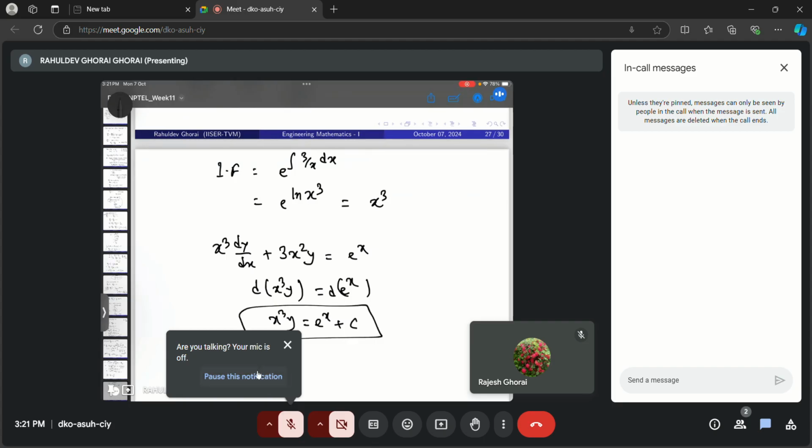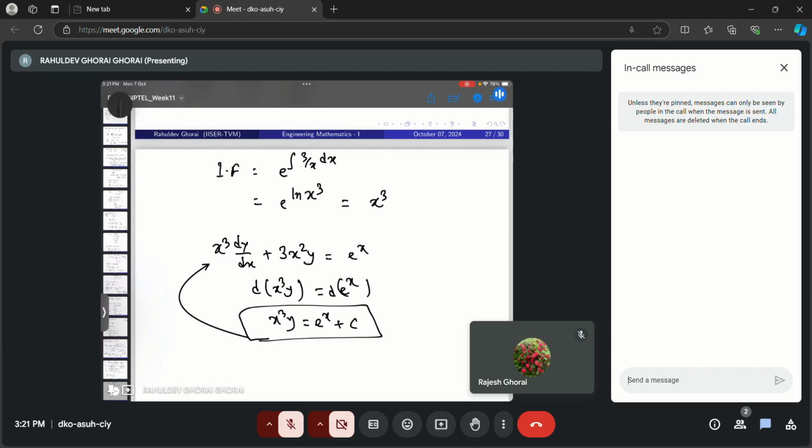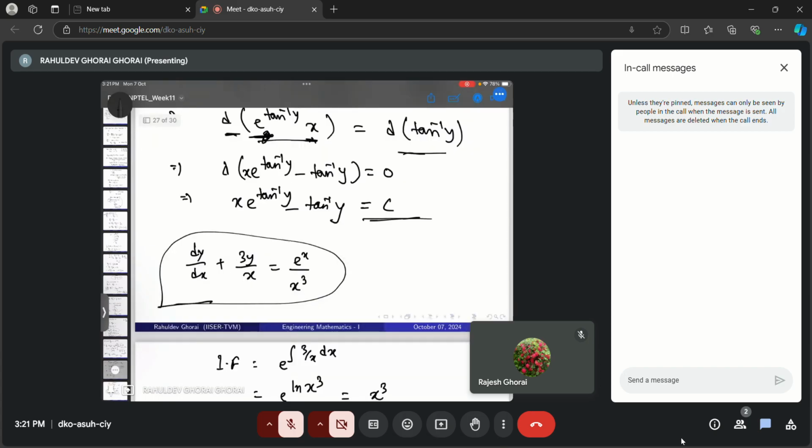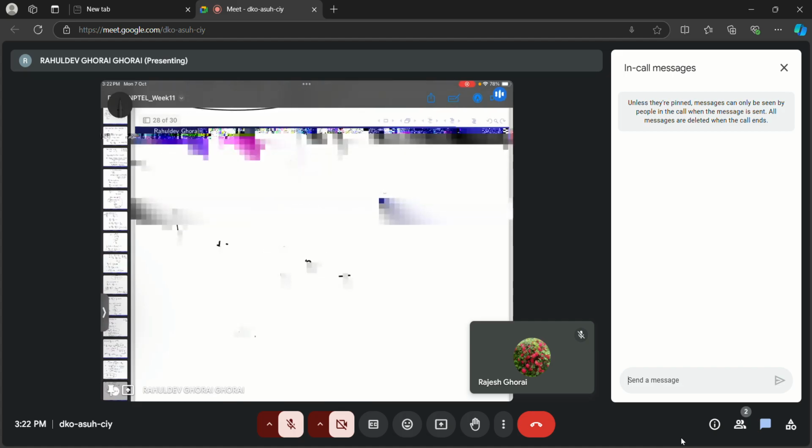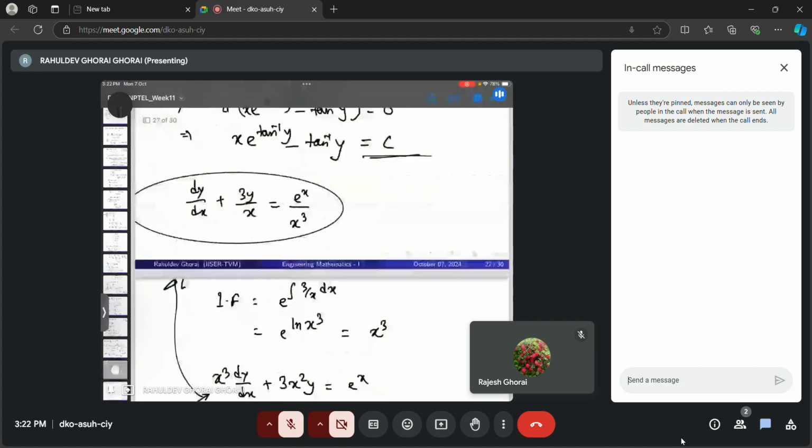This will be the solution for the differential equation. So it becomes very easy if you know how to find the integrating factor, and then mainly multiply by the integrating factor.